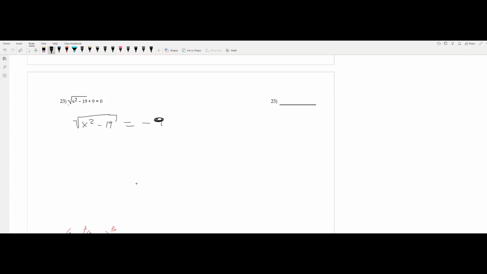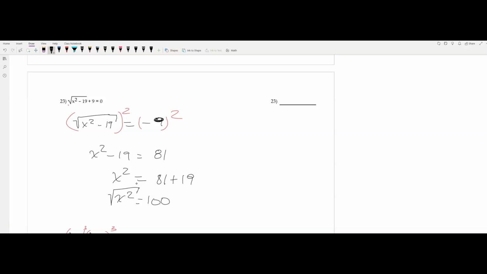All right, so here I have to square both sides, and then I get x squared minus 19 is equal to positive 81. Okay, so you add 19, and you get x squared is equal to 81 plus 19, which is x squared equal to 100. And then you take the square root here. Very important here.